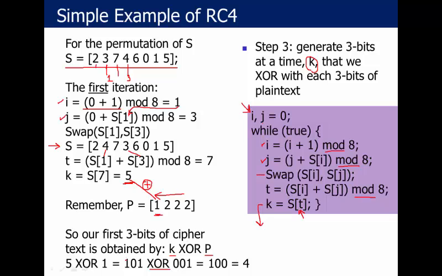First bit, 1 exclusive OR 0 means 1. Second bit, 0 and 0 means 0. Third bit, 1 and 1, that is a 0. So 1, 0, 0 is the outcome of this exclusive OR. 1, 0, 0 in decimal is number 4.